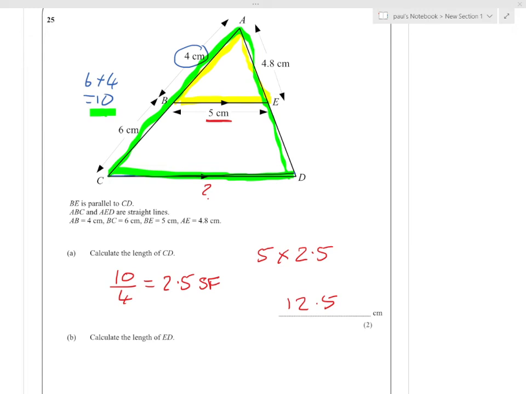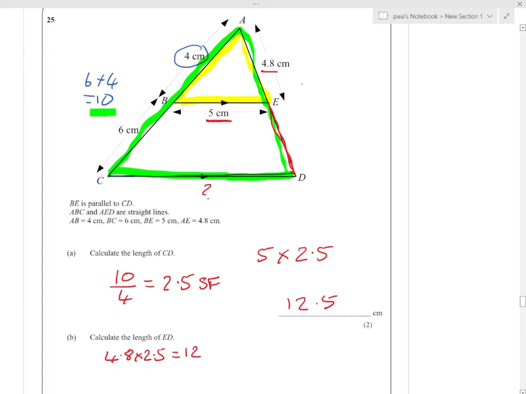And calculate the length of ED, this one here. ED. Now, we know the scale factor is 2.5. So if we multiply this number, 4.8 times 2.5, 4.8 times 2.5 is 12.